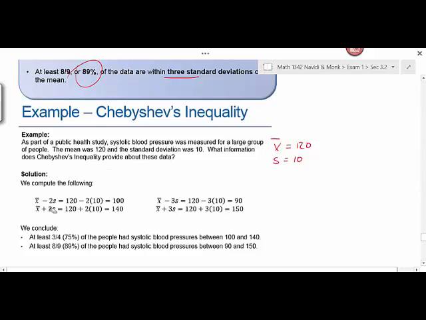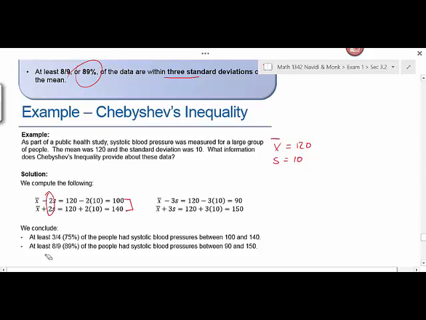Well, if we go out 2 standard deviations of the mean, that's what this 2 right here means, then it looks like 75%, because remember with Chebyshev's, if we got 2 standard deviations, that's 75%. It looks like at least 75% of the people had a systolic blood pressure between 100 and 140. This is for the 2.